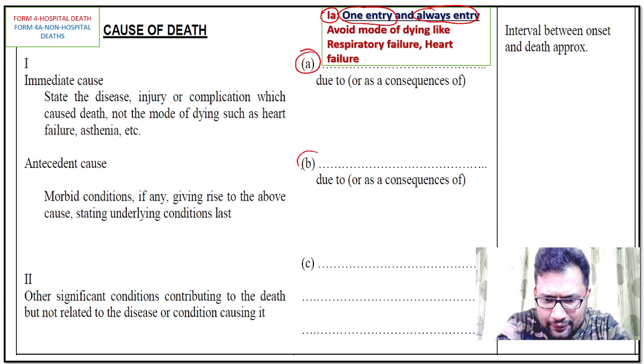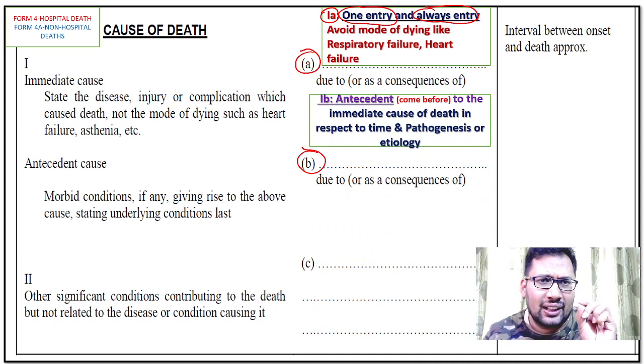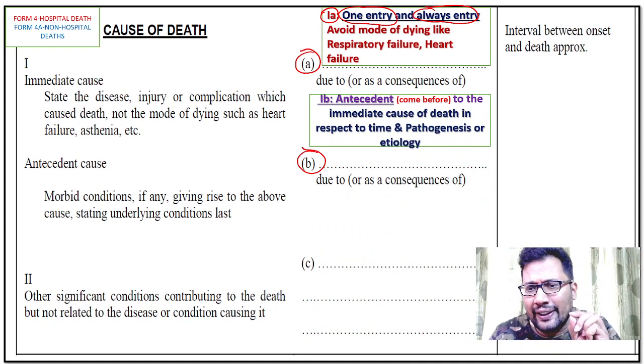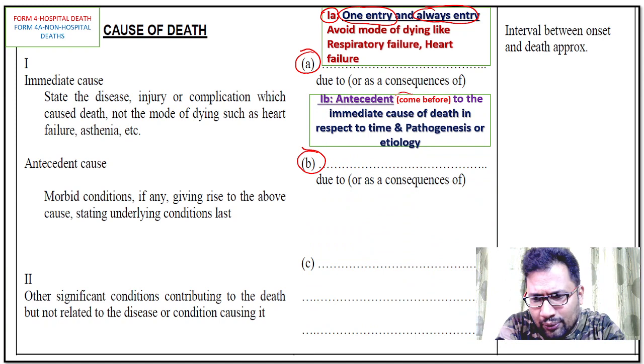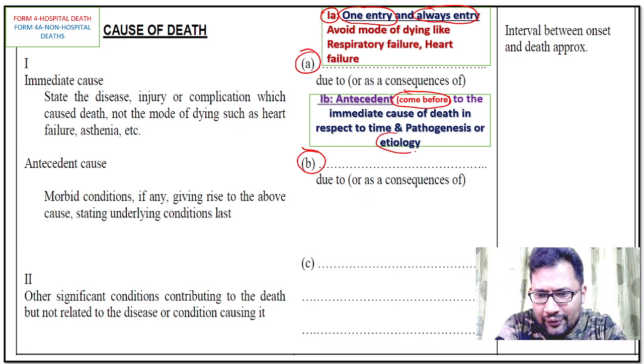What is 1B? 1B, antecedent cause. Antecedent means come before the immediate cause of death. In respect to what? Time. In respect to pathogenesis. In respect to etiology.